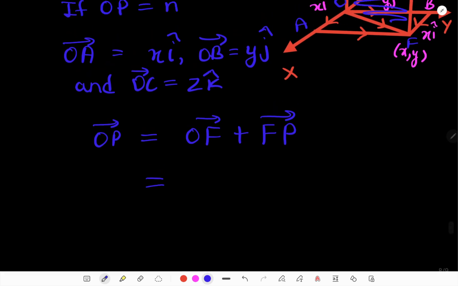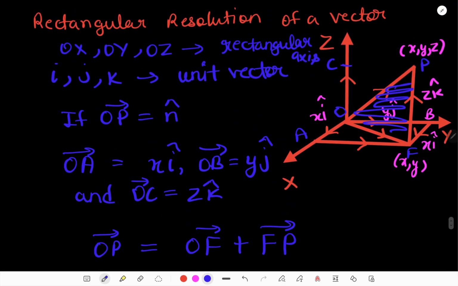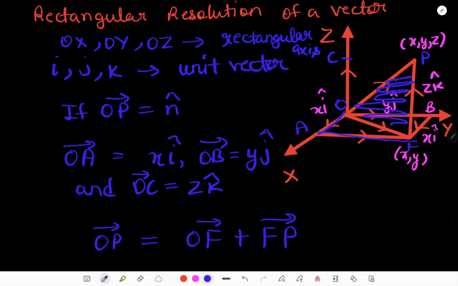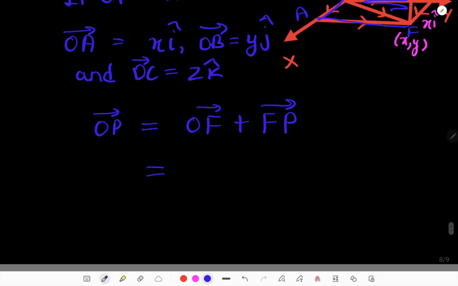Here OF vector is equal to the OA vector plus AF vector. So we can write OF vector is equal to OA vector plus AF vector.